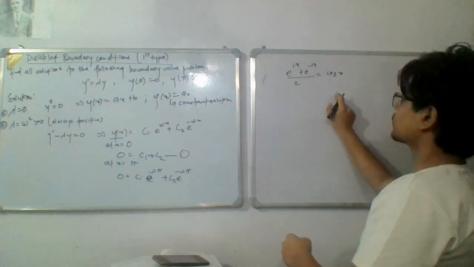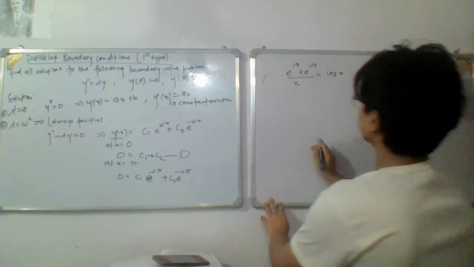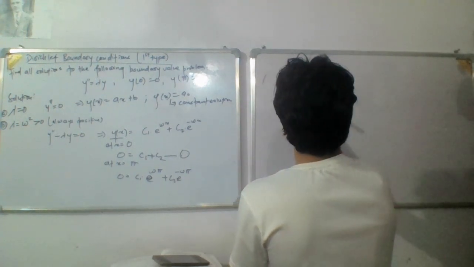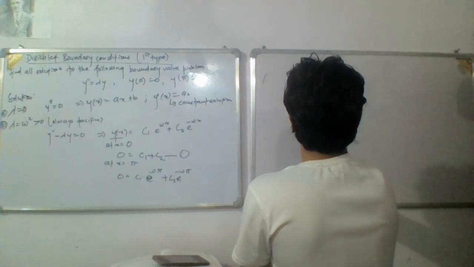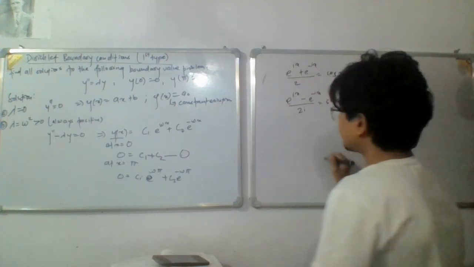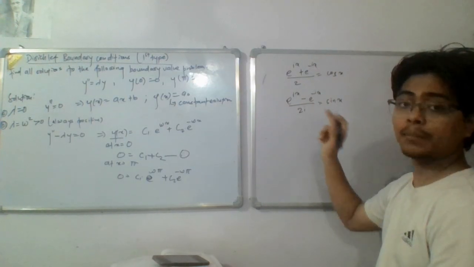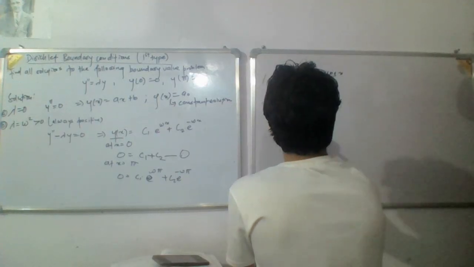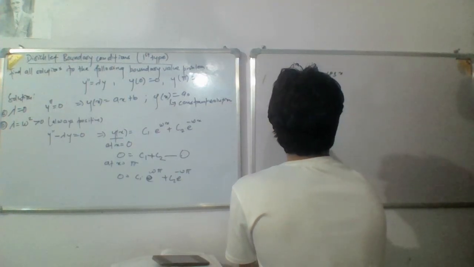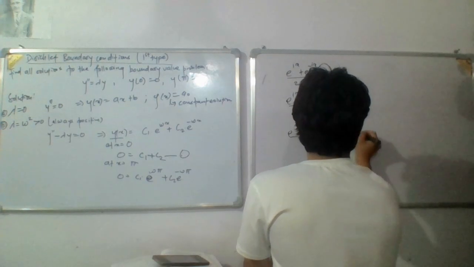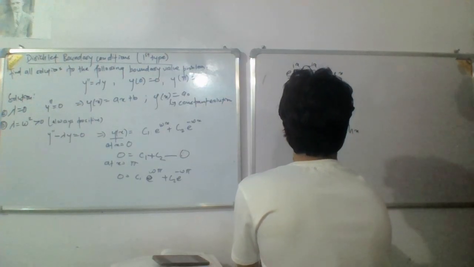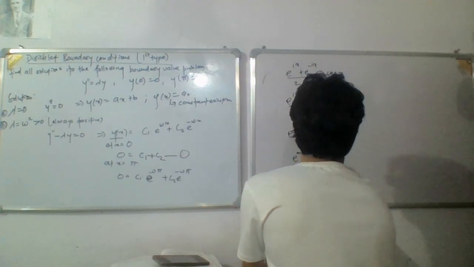And if we have e to the power ix minus e to the power minus ix by 2i, we can write it as sin x. Similarly, if we remove these imaginary terms and write the real terms, then we get cosh and sinh, hyperbolic functions like this.